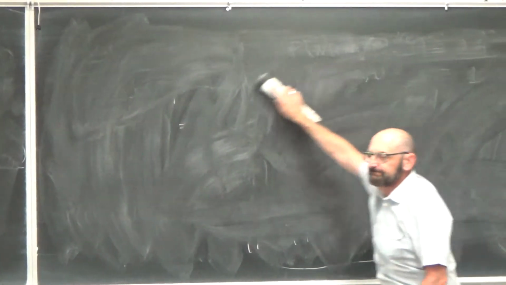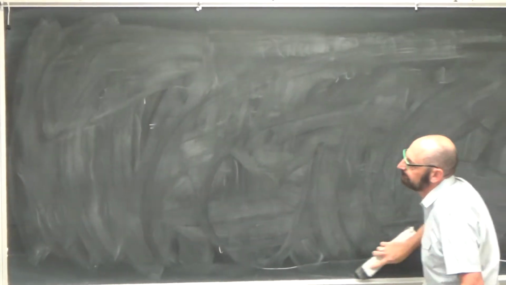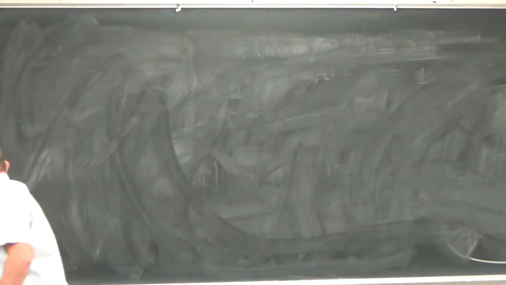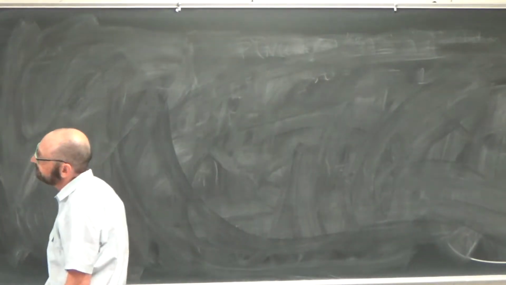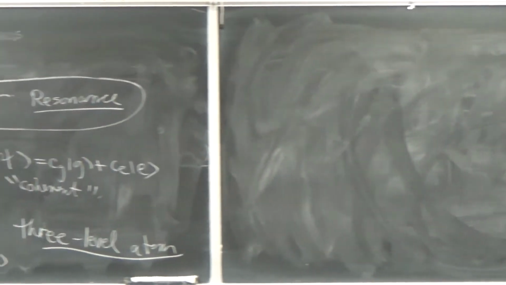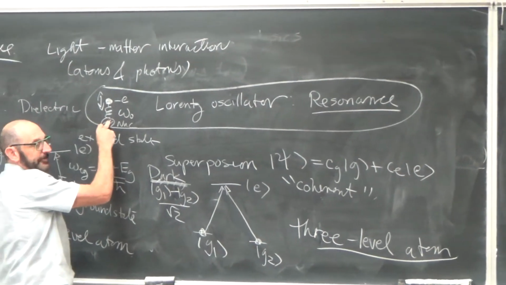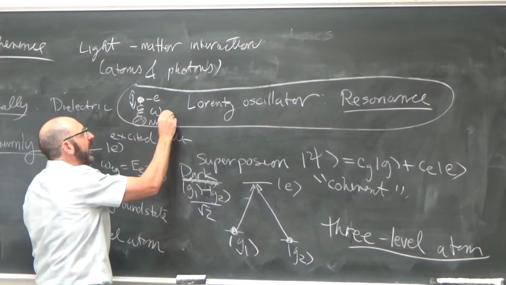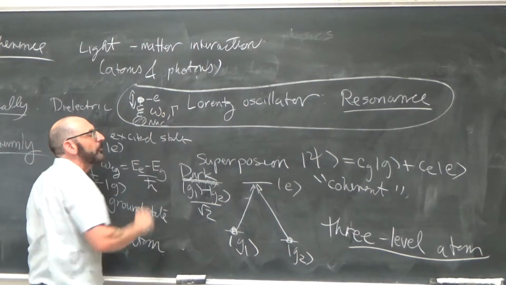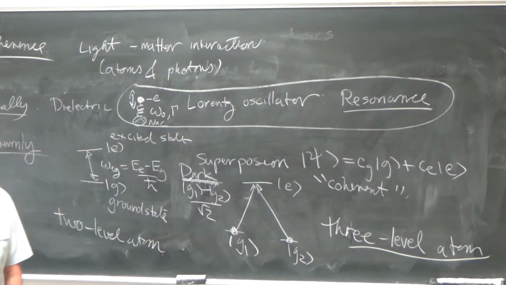So, we have this picture of a charge on a spring. Let's come back to this board over here. Maybe think of it as a single electron. There's a resonance. That resonance has some resonance frequency, and we'll imagine it has some phenomenological damping rate.